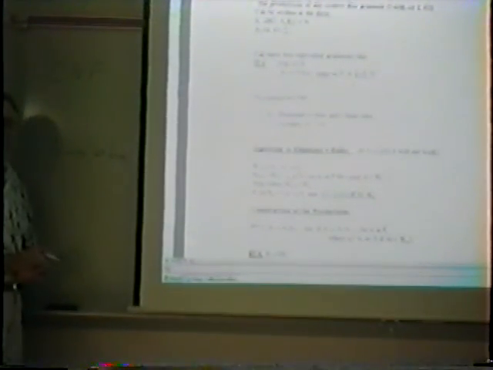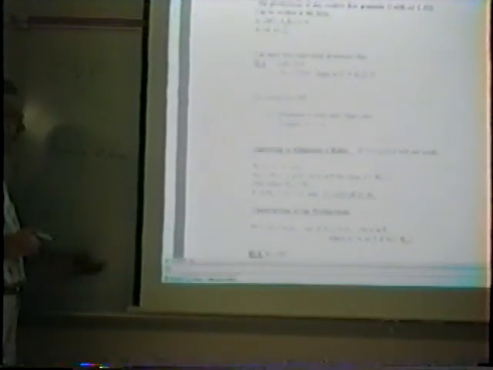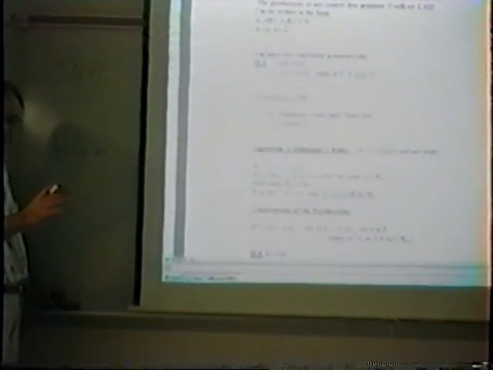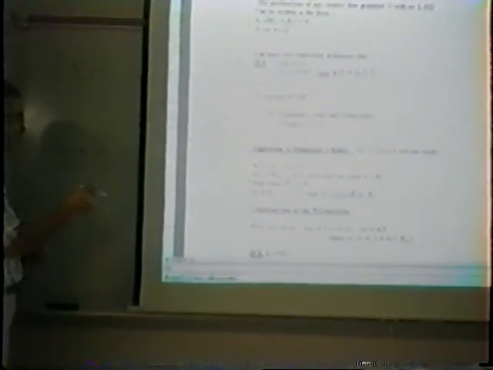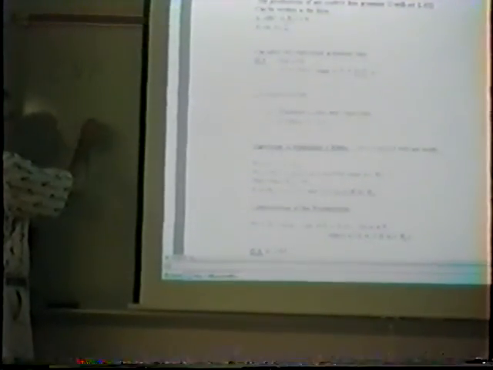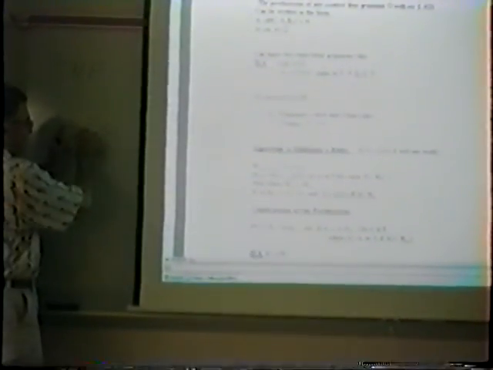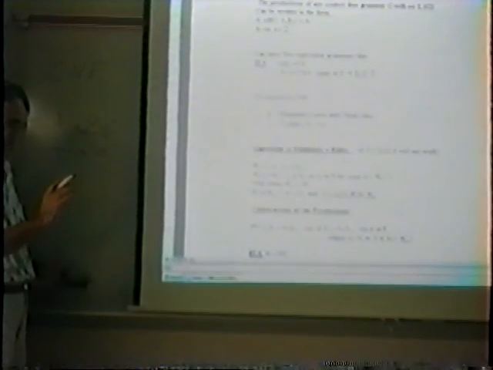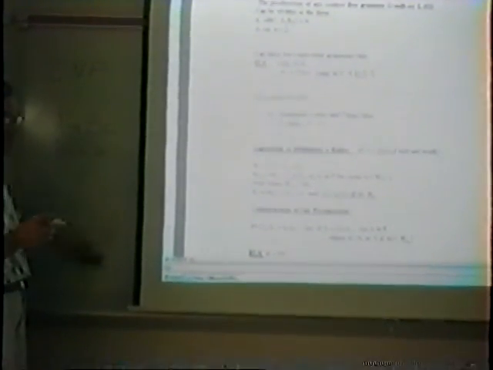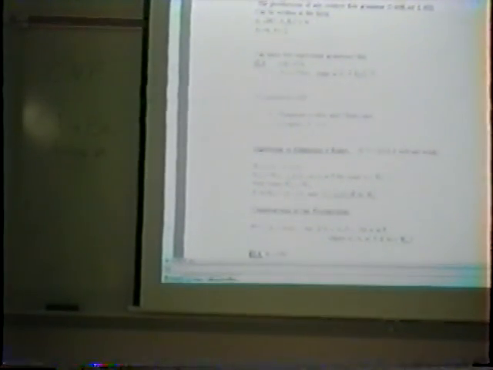No, it's not in Chomsky form. So either you have exactly one alphabet symbol, or if you have non-terminals, you must have exactly two with no alphabet symbols in between. They are not allowed. Just exactly two non-terminals. If it's in this form, it's in Chomsky form.